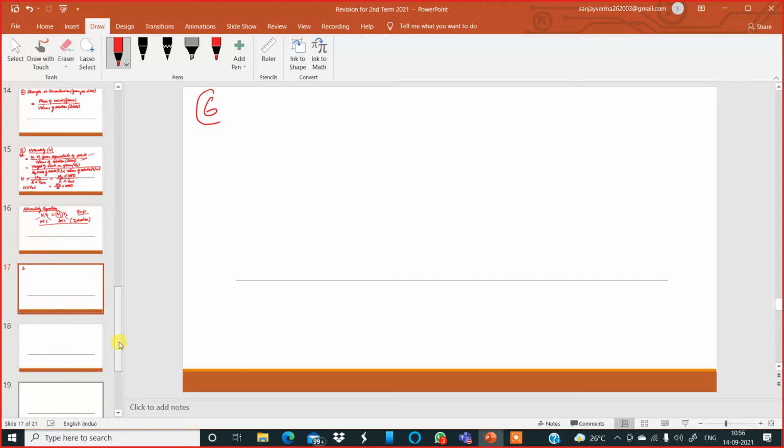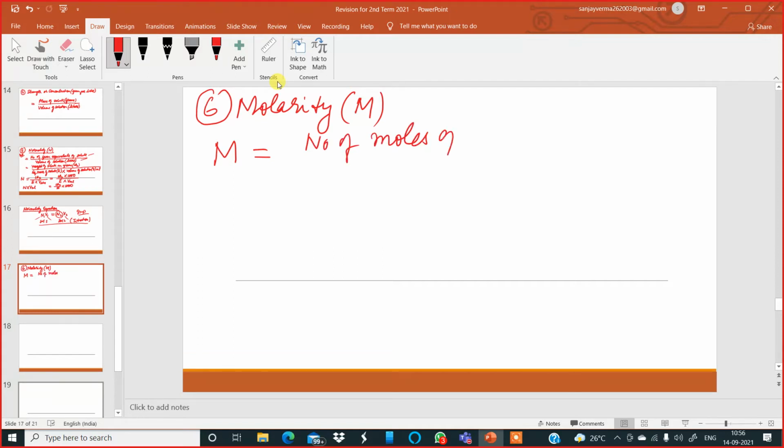That is called molarity, abbreviated as capital M. Now the formula over here: molarity, capital M, is equal to number of moles of solute divided by volume of solution in liters.